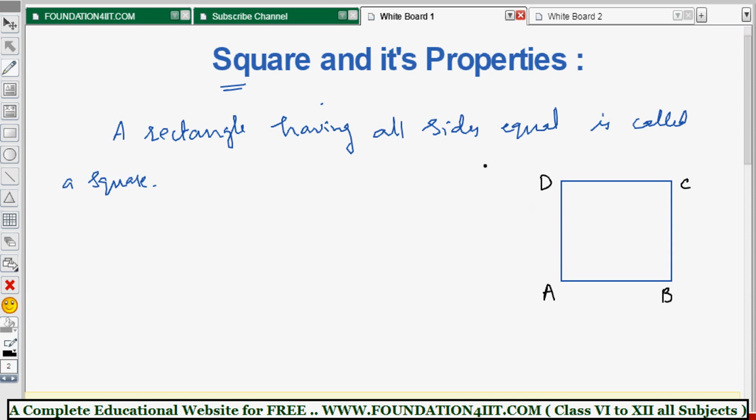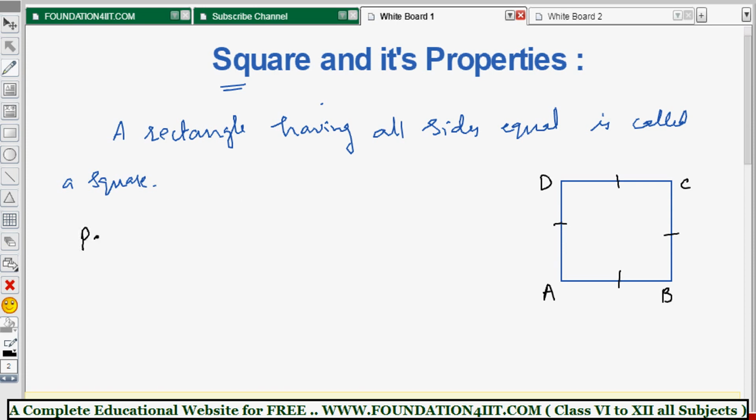Whatever properties are there in a rectangle, the same will follow. Since opposite sides are equal, here all the sides are equal. So AB, BC, CD and AD, four sides are equal. And if two adjacent sides of a rectangle are equal, then it's called a square.